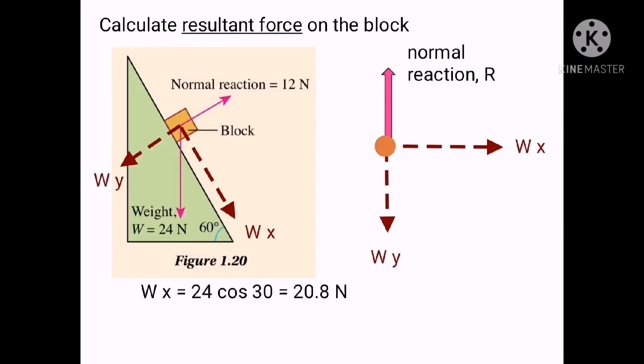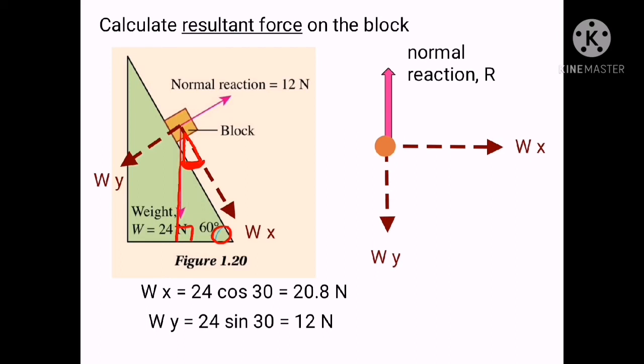Now remember, my theta has to be in between my Wx and my W, which is here. That is my theta. So what is my theta there? It is 30 degree. Here is 60 degree, and then if you extend this, here would be 90.